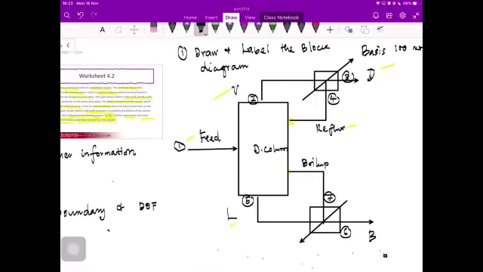So what we have now is stream number 1. It is in mole basis, so I will put the label as N1. There are 2 components that we are working with, but to simplify the values, we are going to use just 1 term. For the mole fraction of benzene in stream 1, we are going to label it as X1B. And the other component, which is toluene, we will label as just 1 minus X1B.